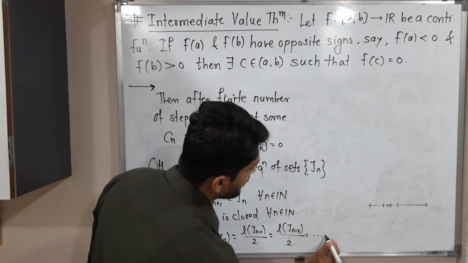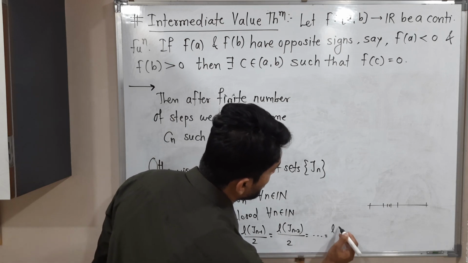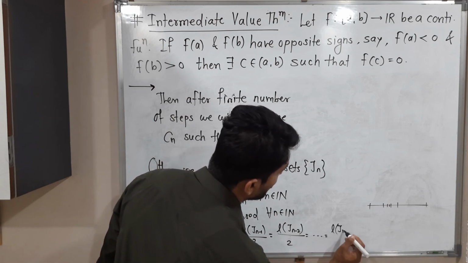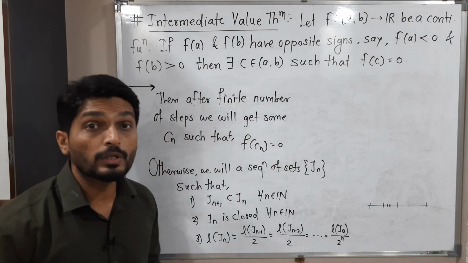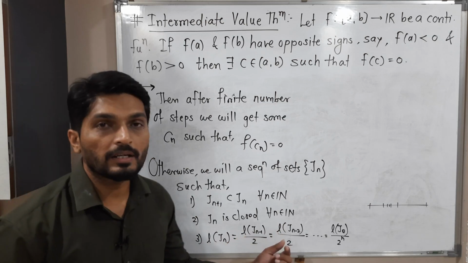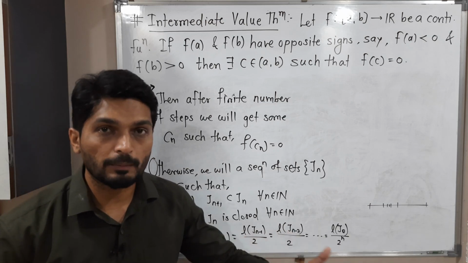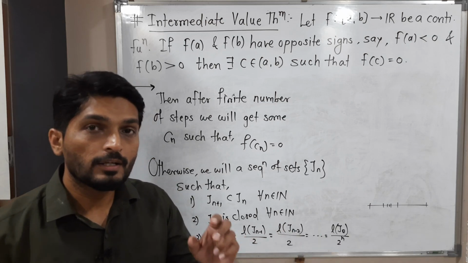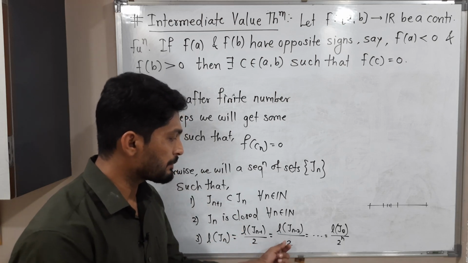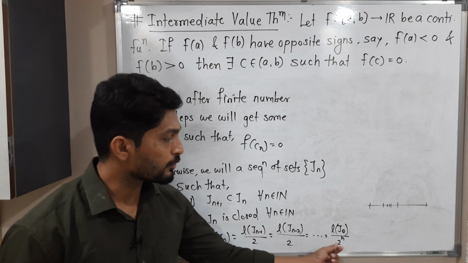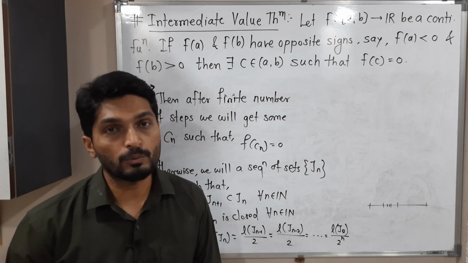In this way we can continue, and at the end we will get the length of Z0, and you will get at the bottom 2 raised to n. Each time we are saying half of the previous one, half of the previous one, half of the previous one. So each time we are multiplying 2 to the denominator. So at the end the denominator will be 2 raised to n.